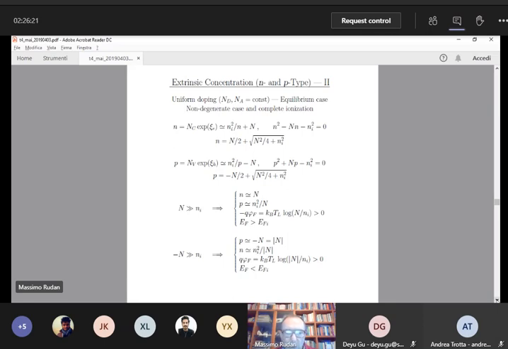So when N is positive, the concentration of electrons will be equal to capital N, the electrons will be, of course, the majority carriers, and the concentration of holes will be almost equal to ni squared divided by N, and the holes will be the minority carriers.